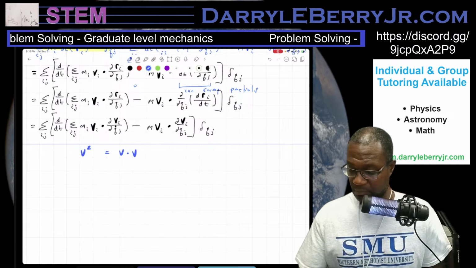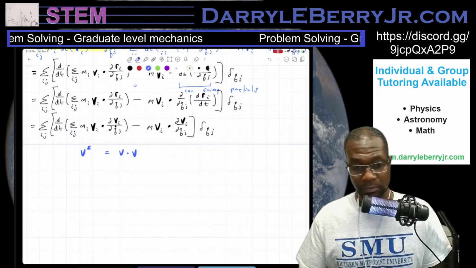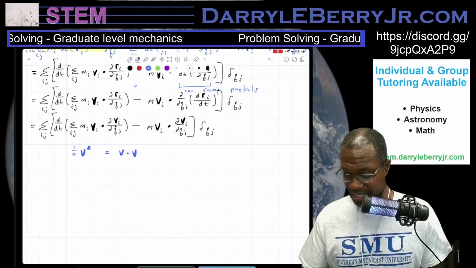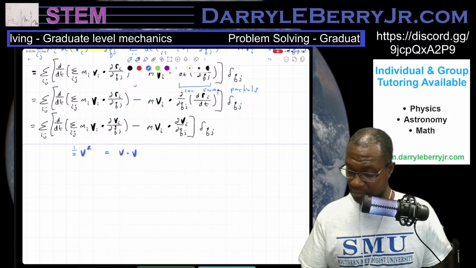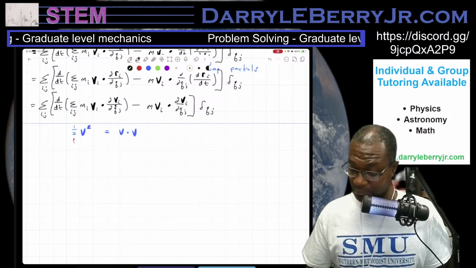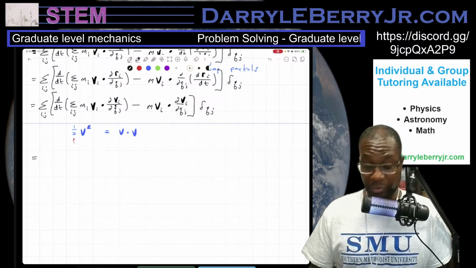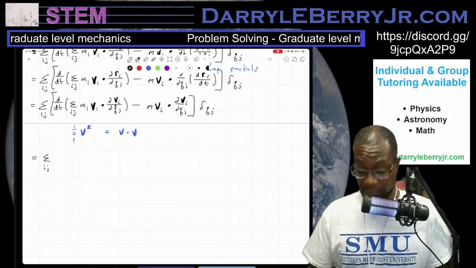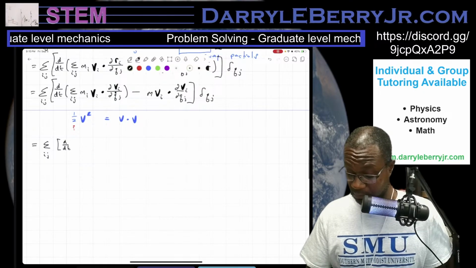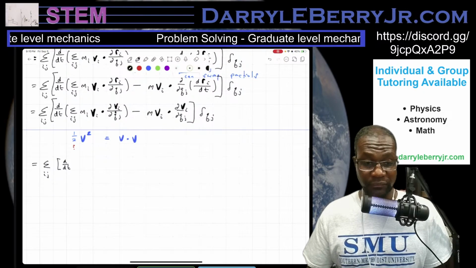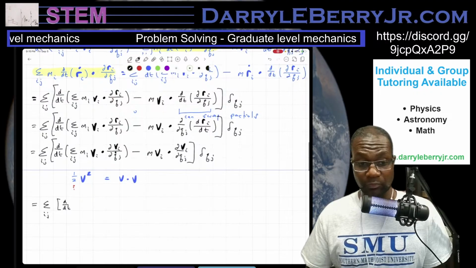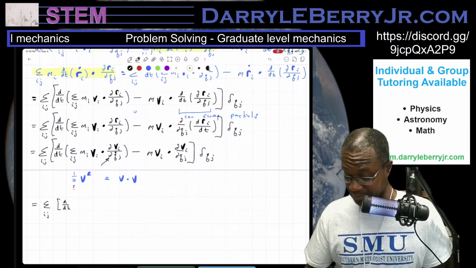But I guess we can say that if you have this dot product with these, in a sense, 1/2 v squared is that. But again, this square I'm going to have to look into a bit. Suffice it to say, I can expand this one more time and call it d dt. And I already have the summation for that on the outside, so I can remove that summation. This partial q here, I can move it to the outside.